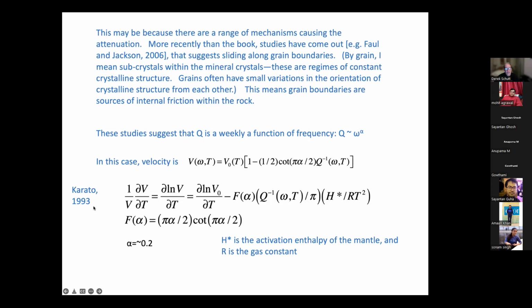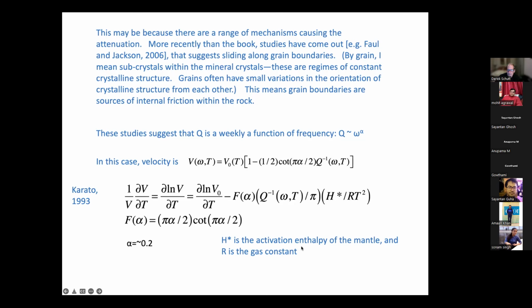And then Karato in 1993 produced a paper that suggests that 1 over the velocity times dV/dT equals d log of the unrelaxed velocity/dT minus f of alpha times the attenuation divided by pi times H star over RT squared, and f of alpha equals pi alpha over 2 times cotangent of pi alpha over 2, where alpha is the frequency dependence.